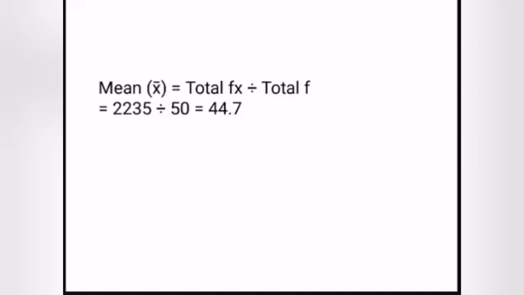And summation f is the total number. If you add this frequency, everything is going to give you 50, and that's your summation f. So mean is 2,235 divided by 50. Then your mean is 44.7.